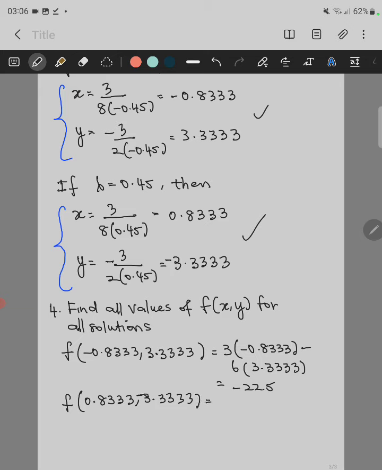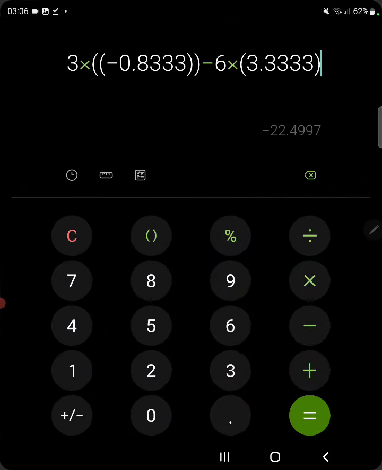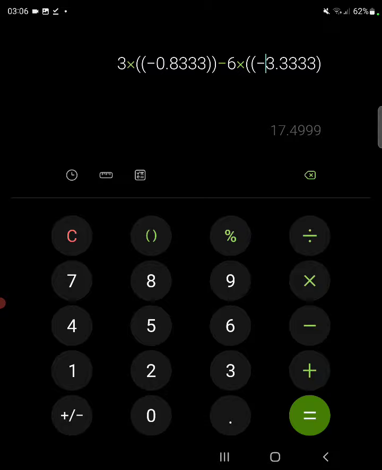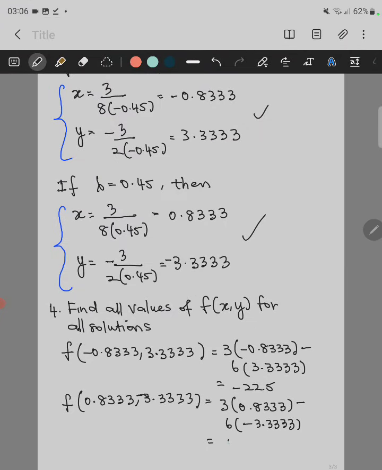So from here we have 3 times 0.8333, and then minus 6 times minus 3.3333. We have this value, which should be 17.5.